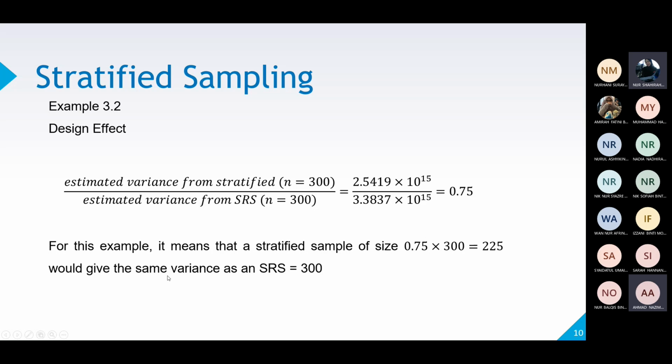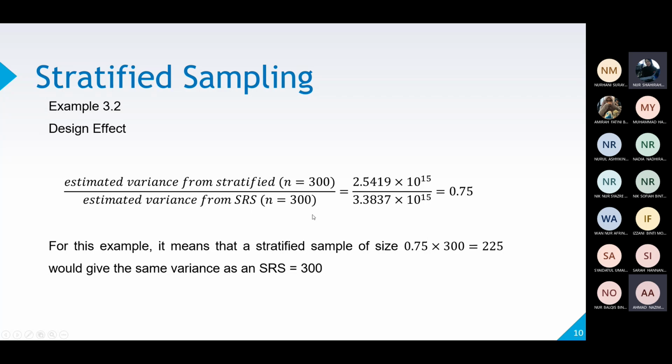Right, since we can calculate the estimated variance for all samples, for all regions, in the stratified random sampling and also simple random sampling. The estimated variance from the simple random sampling, you can refer to our previous chapter.